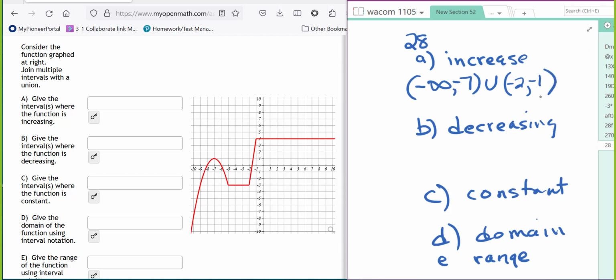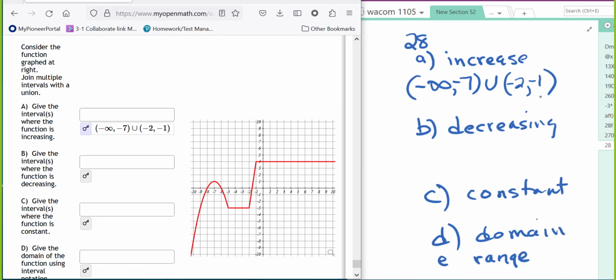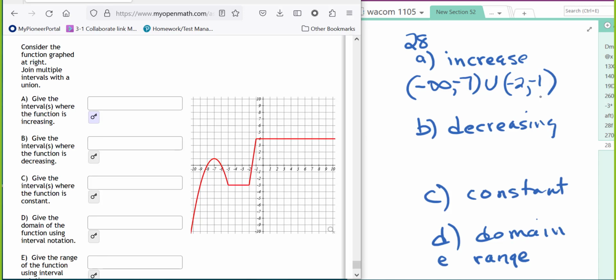And that's all the increasing. All right, and we'll just look at the answers rather than type that. Okay, we're good there. So, decreasing. All right, so this is increasing. Right here is a decreasing piece. And then we have constant, increasing, constant. So only one decreasing part, and that is from negative 7 to negative 5.